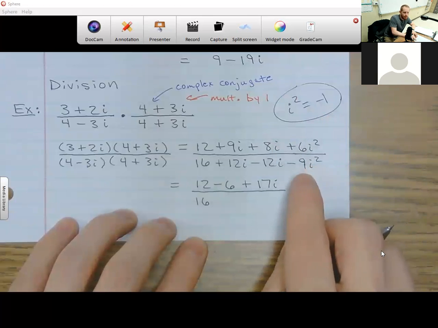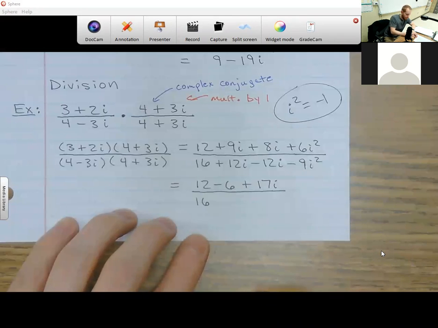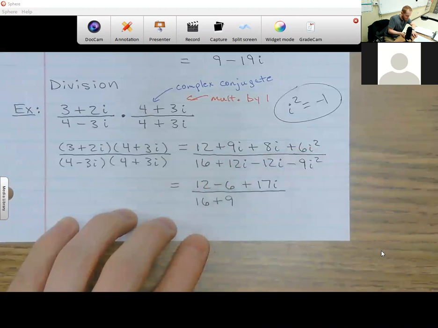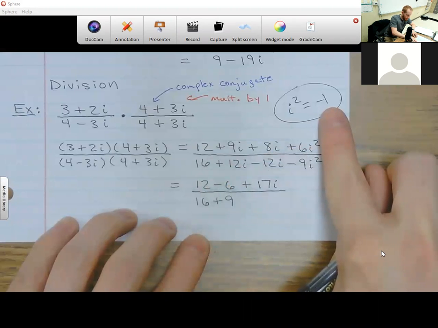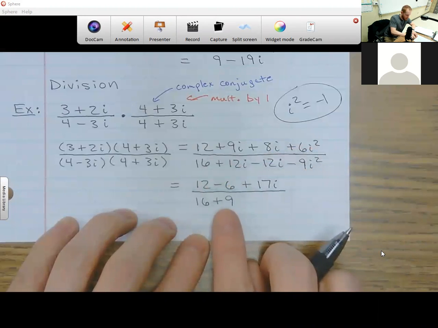But negative 1 times negative 9 is going to give me what? A positive 9. That's because I've got negative 1 times negative 9, right? Those two signs cancel out when you multiply. That's how I get that positive 9.